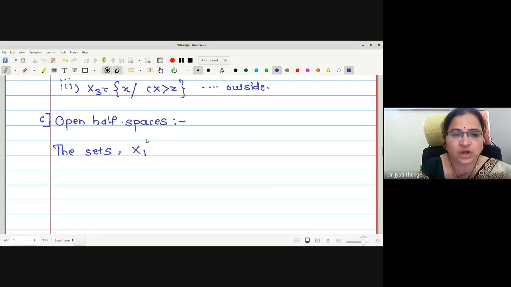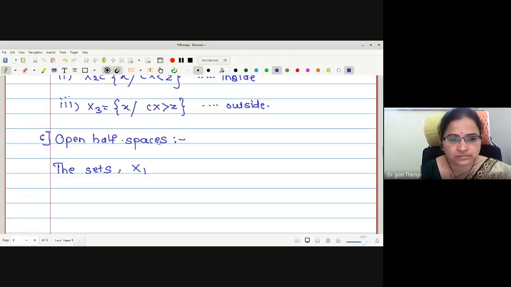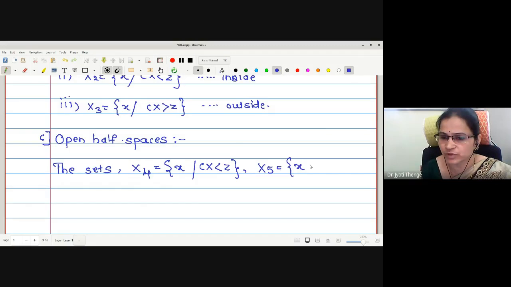X1, X2, X3. Let me write X4, the collection of all x such that Cx is less than z. Let me write this next as X5, or I can write the other symbols, sets A, B also. It is a part of notation. Cx is greater than z.